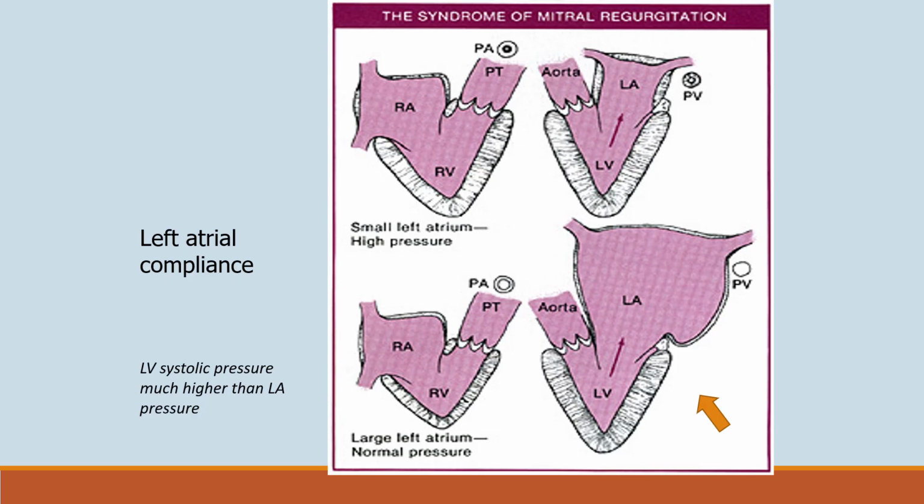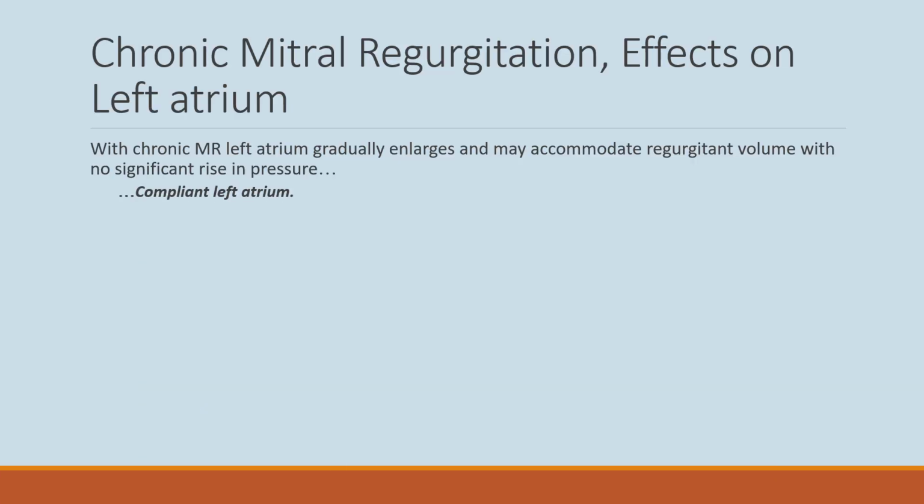If the left atrium is compliant and large, the pressure in the left atrium is not going to rise very much. So when you have a compliant left atrium, the left atrial pressure will not rise a lot. And as we said, the left ventricular diastolic pressure is not high. So the patient may not have a lot of symptoms.